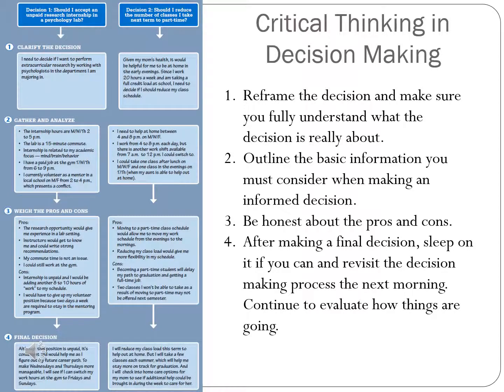Then critical thinking when making decisions starts on page 104, and it's going to carry you through this chart on pages 106 and 107. And finally, we're going to close out the chapter with critical thinking and creativity on the last page of this chapter, which in my book is page 108.